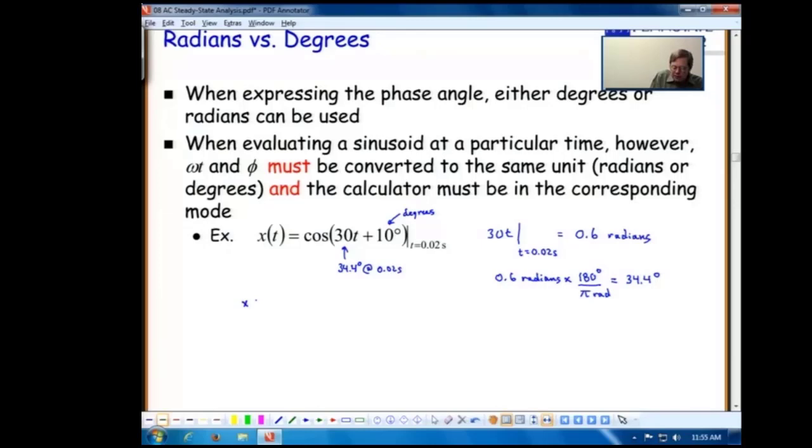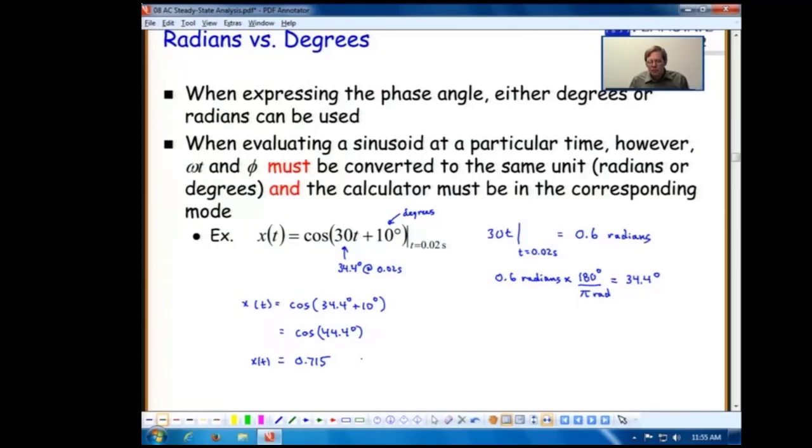So now I have x of t given as cosine of 34.4 degrees plus 10 degrees, which is cosine of 44.4 degrees. You can look that up on a trig table, you can plug that number into your calculator, and you'll find x of t to be 0.715. And the units are whatever x of t is. It might be volts, might be amps.